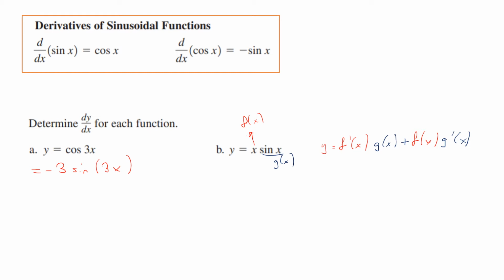Now if I apply this to my given function, first I take the derivative of f(x), which is x. The derivative of x to the power of 1 will just give you 1. Now keep g(x) the same, which is sine x, plus keep f(x) the same, which is x, and take the derivative of g(x). The derivative of sine x gives you cos x, so you just write cos x.